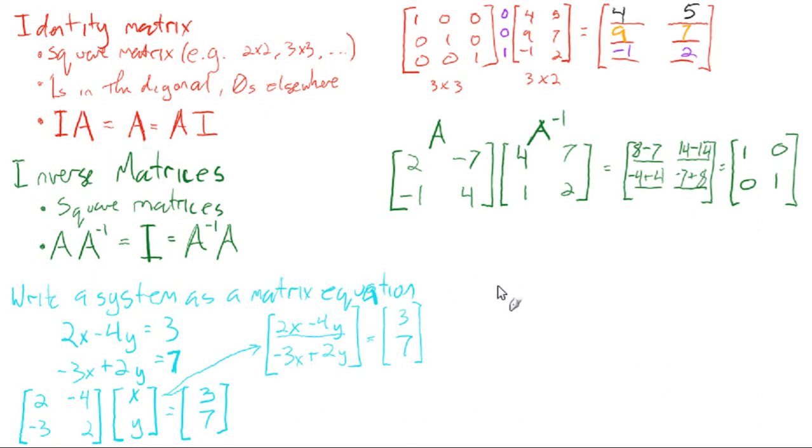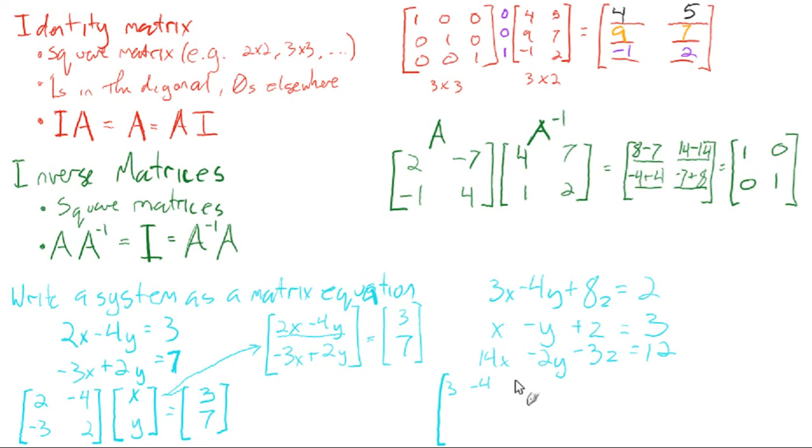We'll do 3 equations. 3x minus 4y. Okay, so we're going to take this system and we are going to write it as a matrix equation. So you have the coefficient matrix, 3, negative 4, 8, 1, negative 1, 1, 14, negative 2, negative 3.